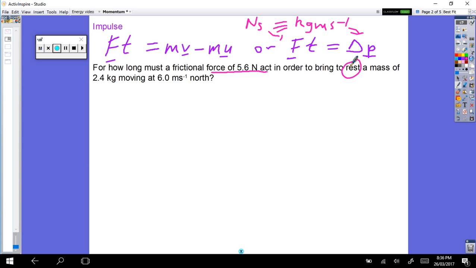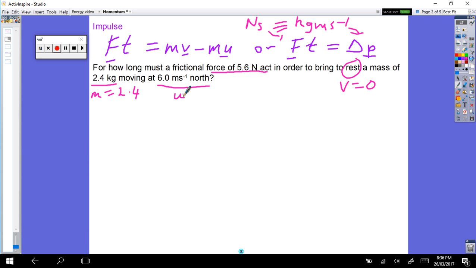We know that the final velocity must be 0 because we're bringing it to rest, and the mass is 2.4, and the initial velocity is 6 meters per second north.